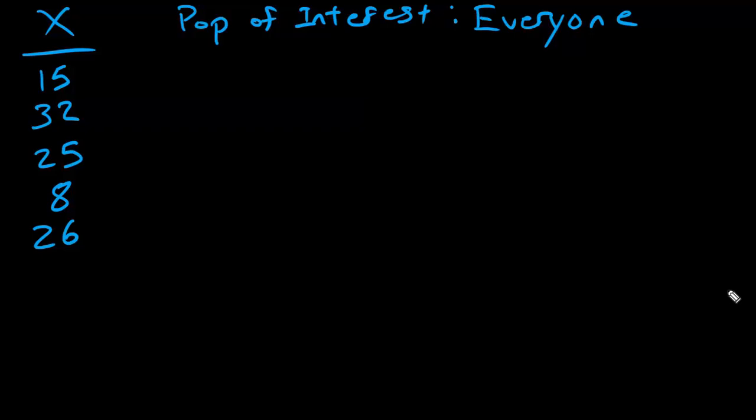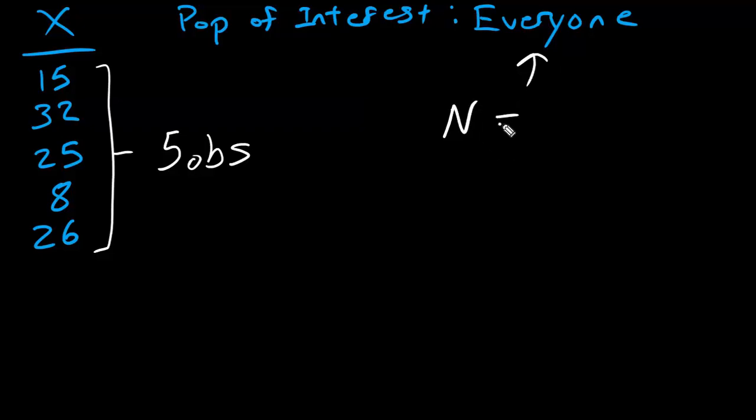The biggest thing is that now, instead of using the population variance, we need to use the sample variance. The reason for that is, one, we can look at our data. We have 5 observations. If we're looking at everyone, are there only 5 people included in that everyone?